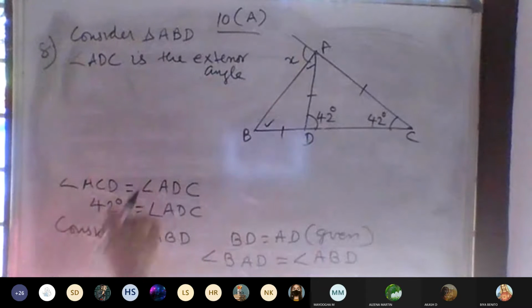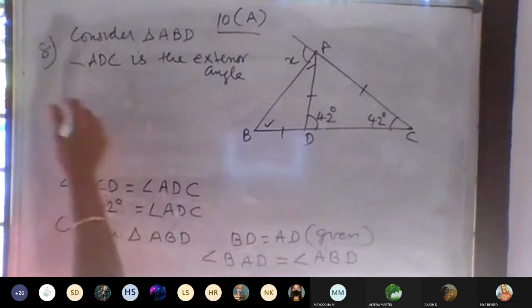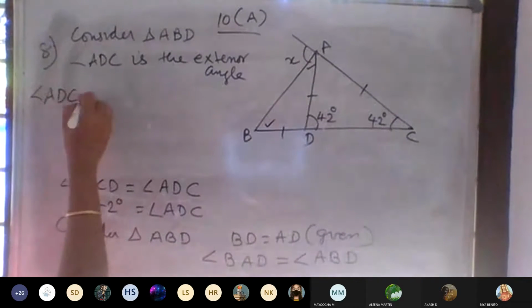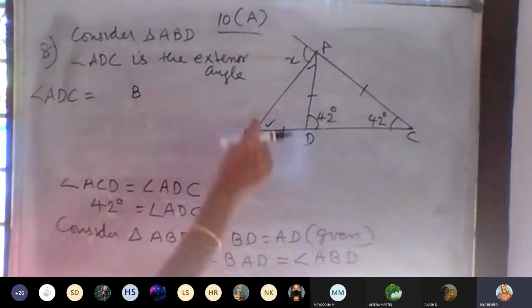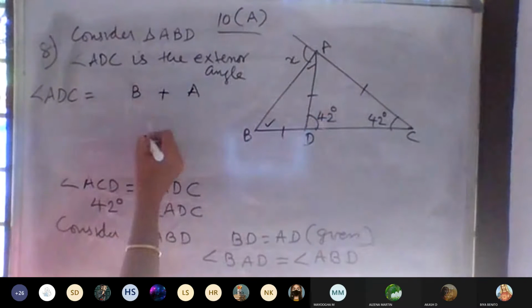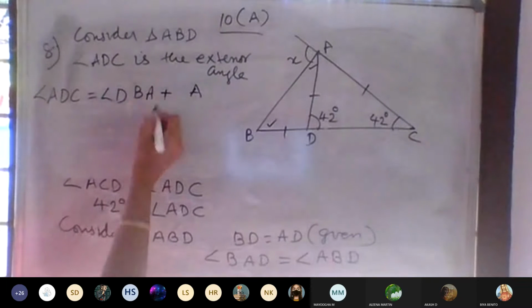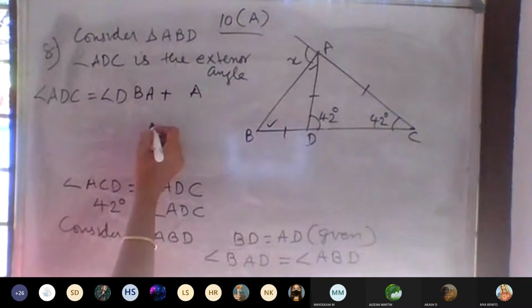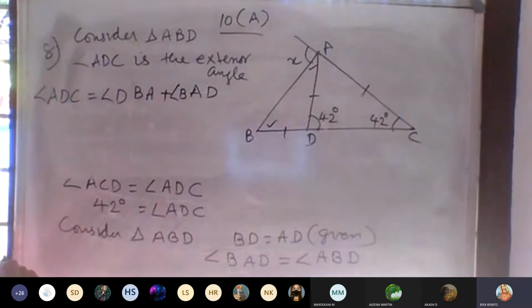The exterior angle is the sum of the opposite interior angles, that is, angle DBA and angle BAD.